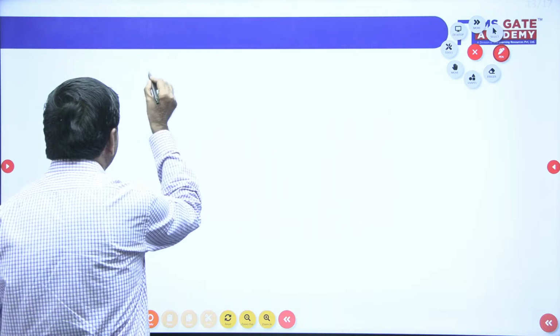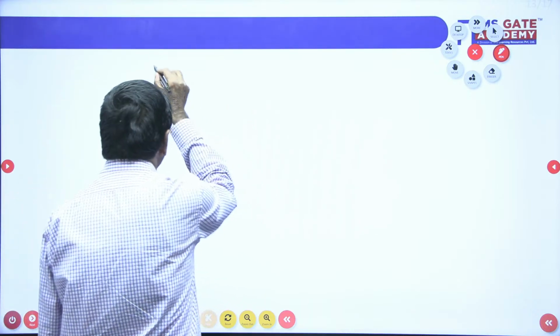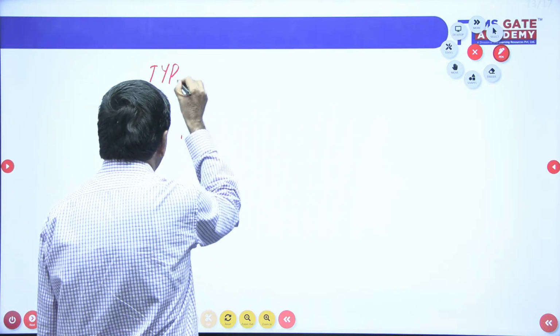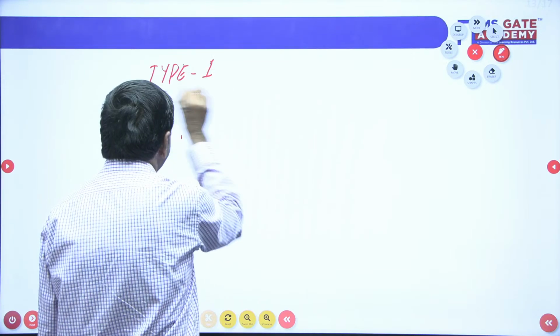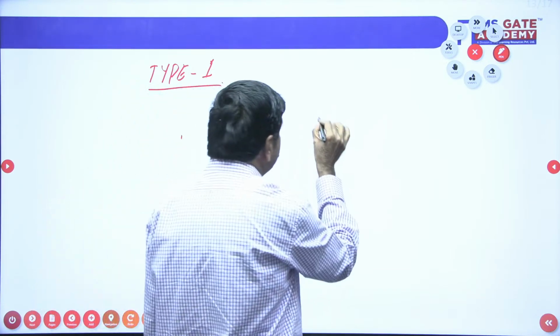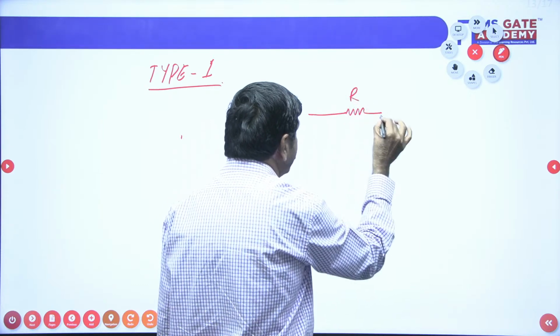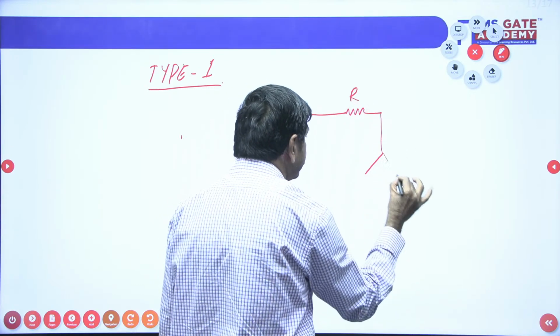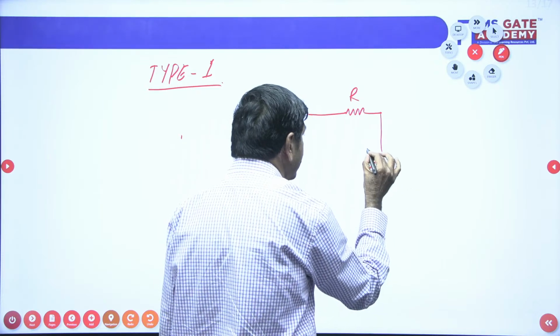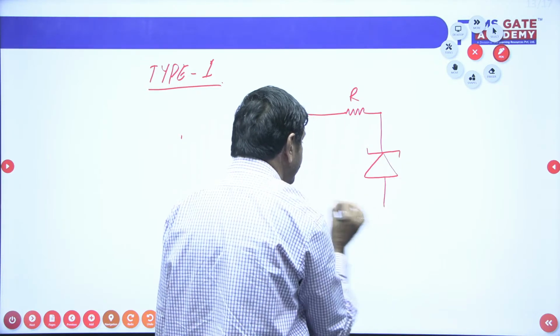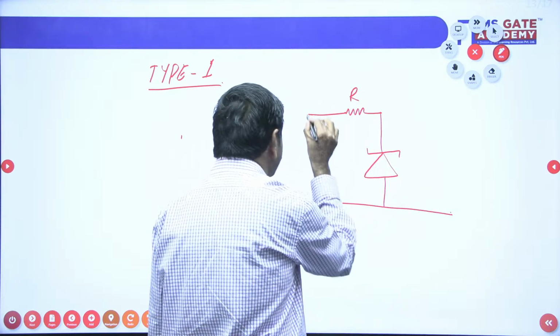Suppose I give a circuit, type 1. There is one resistor, and I connected one Zener diode here, connected with a voltage source.